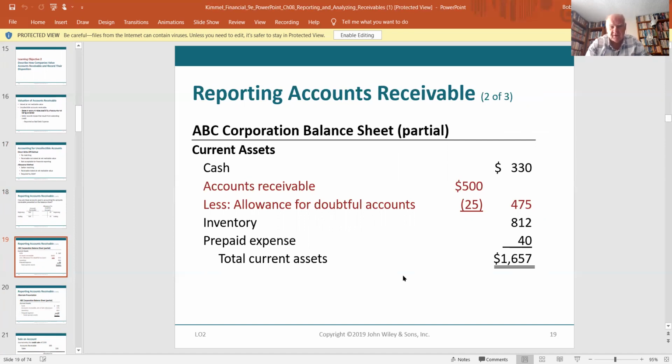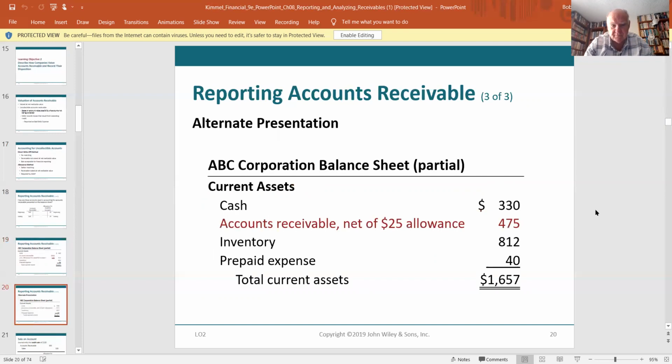You're going to see cash, I guess, first, and then accounts receivable 500 minus that 25 we just discussed equals 475. Net receivables. And here they're showing it without the detail, just going straight to the 475. I've never seen it done like that before.